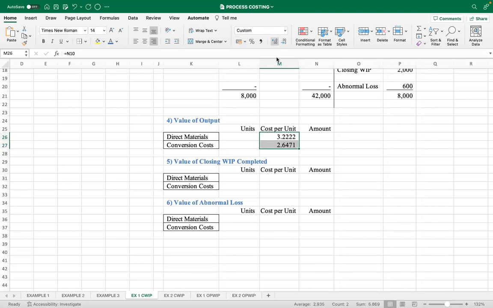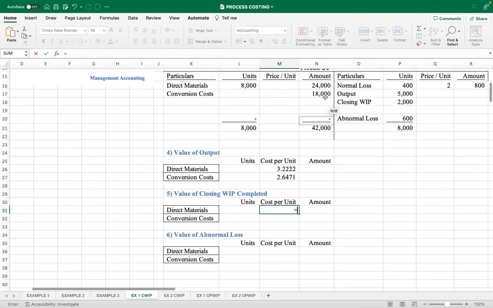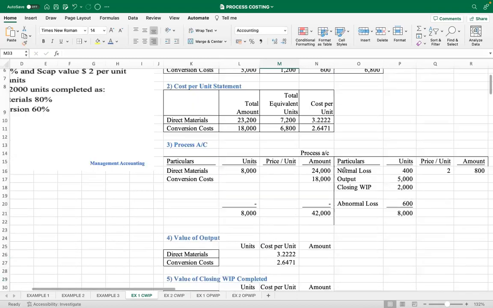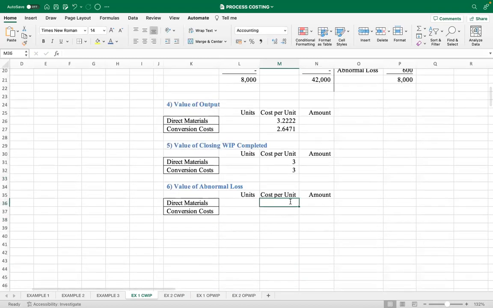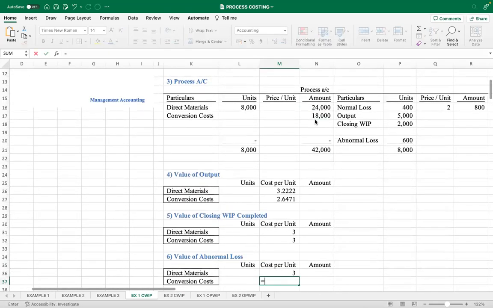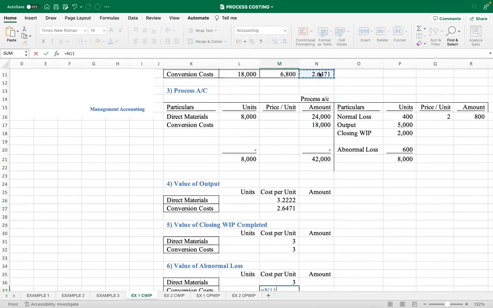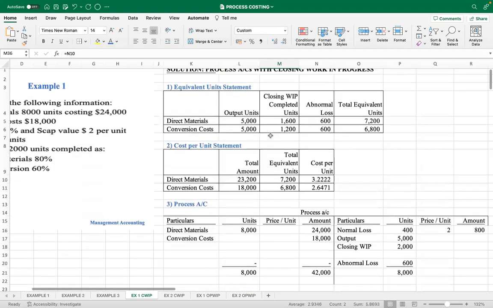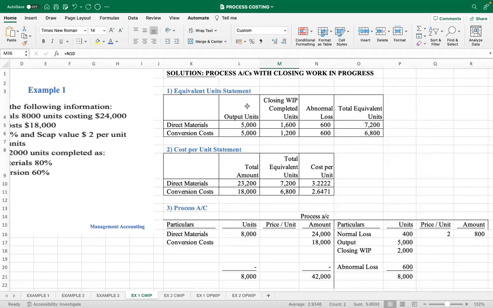Let me just round to 4 decimal places. So the last one is also the same. Cost per unit, 3 and 2. Units of output, you get them from equivalent unit statement.